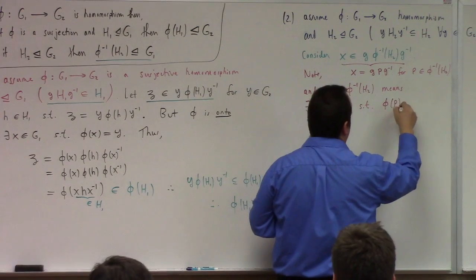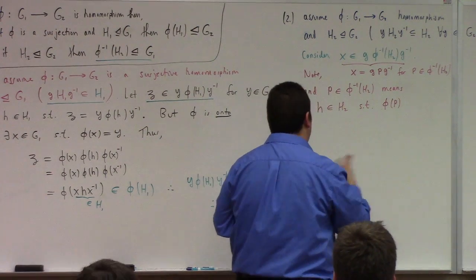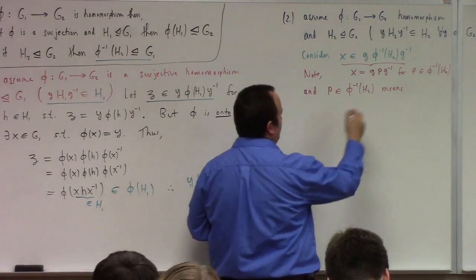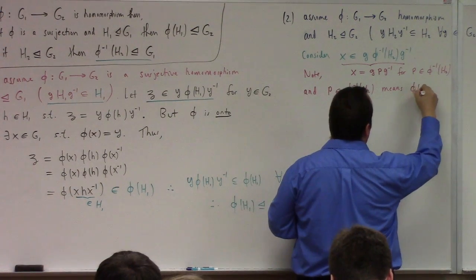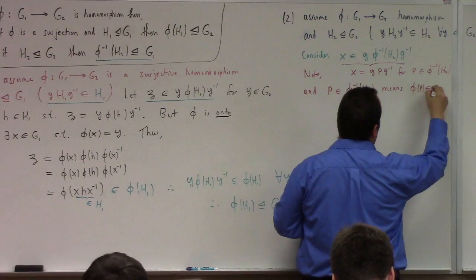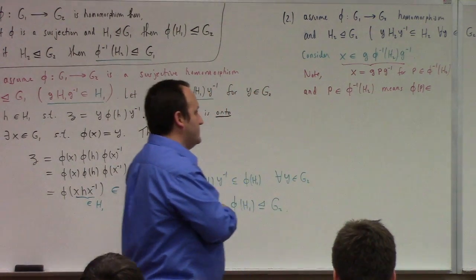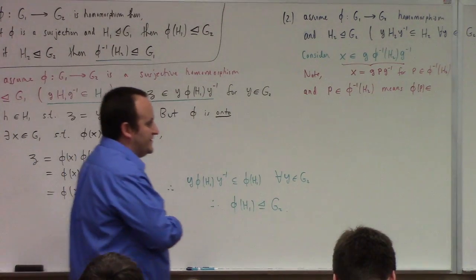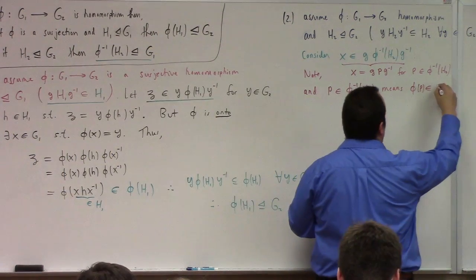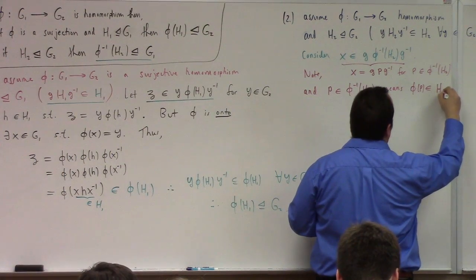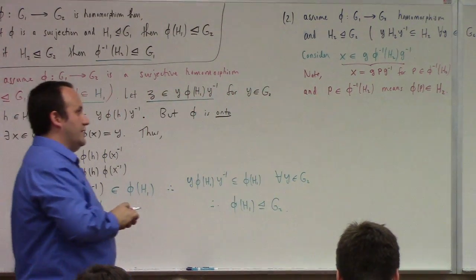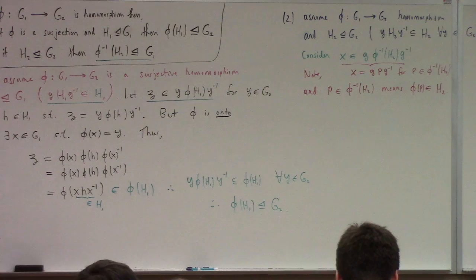Why don't I just say it more cleanly? This means that phi of p is what? More to the point, it means the image of p under phi is where? It's in H2, right? That's what it means to say that p is in the inverse image under phi of H2. All right, now I've unraveled what that statement in light blue means.